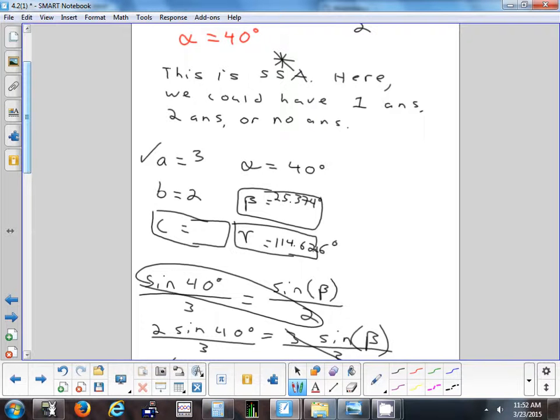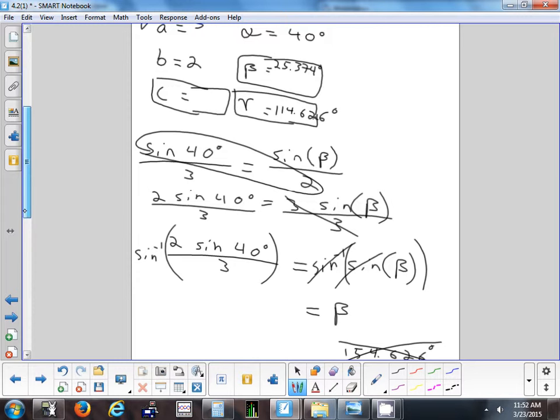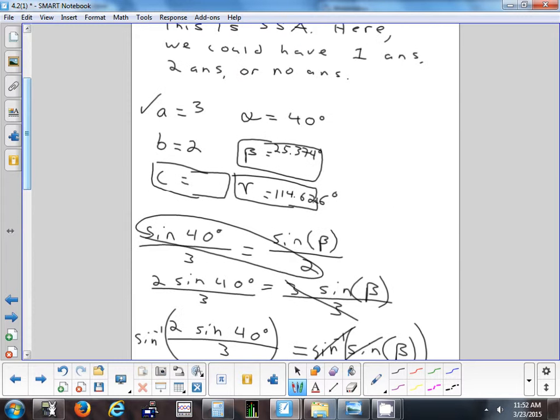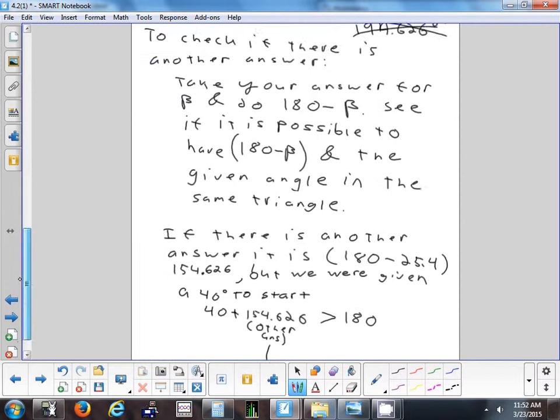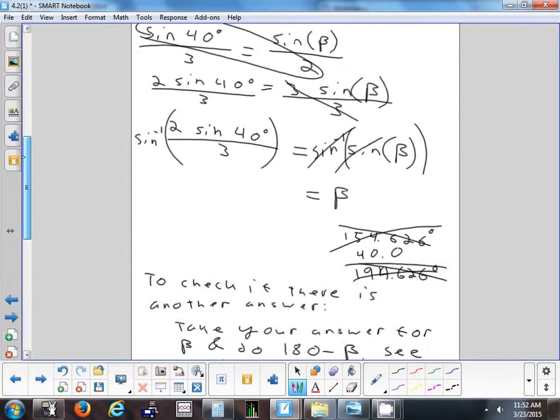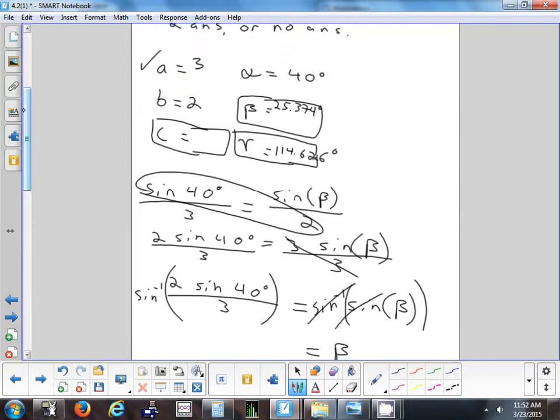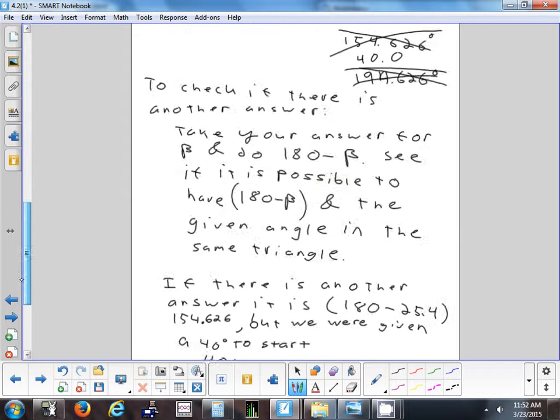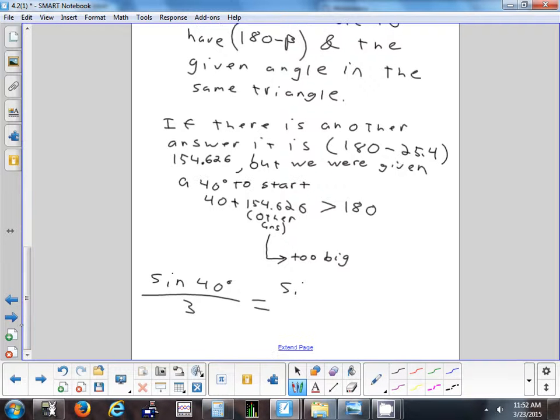All right, so let's finish up and find C. So we're going to start with sine of 40 over 3 equals sine 114.626 over C. Notice you're not going to have to use inverse trig here.